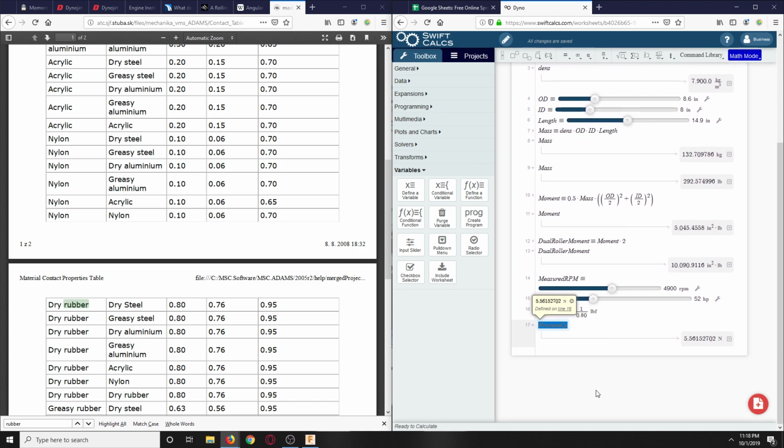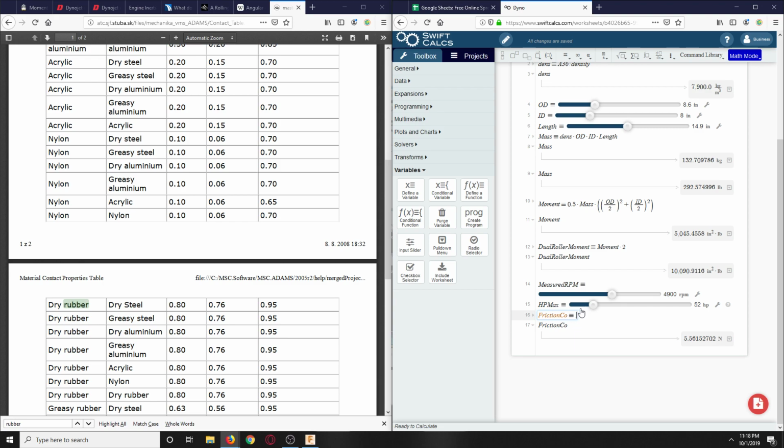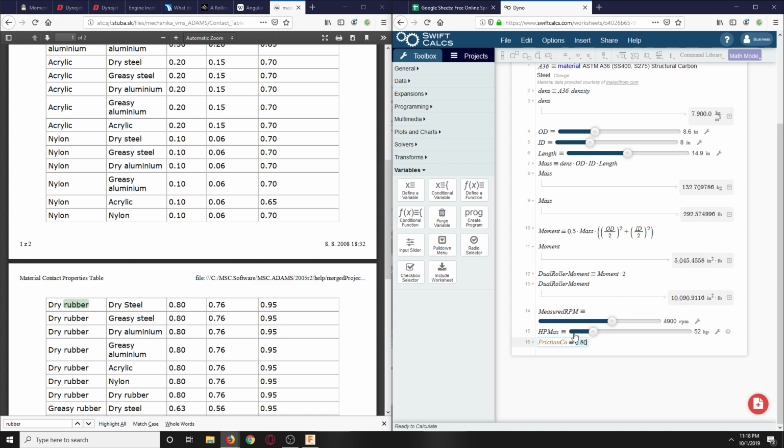Wait a second. Friction coefficient. Actually, it's non-unit. No units, so it's unitless, because basically we're taking this, because the normal force is a force and the force of friction is a force.